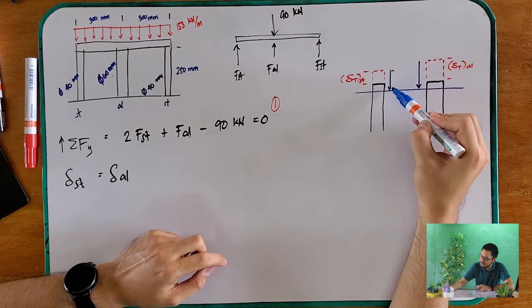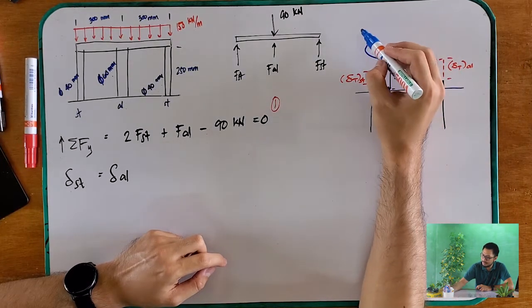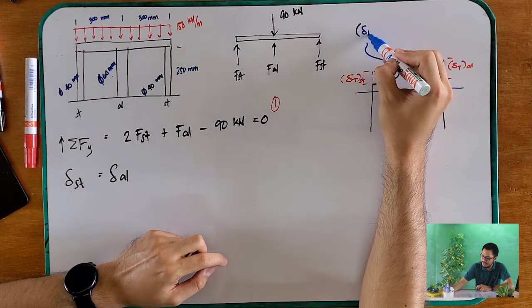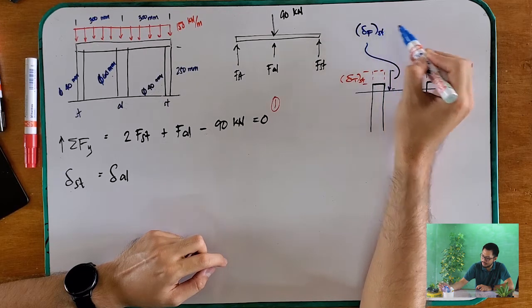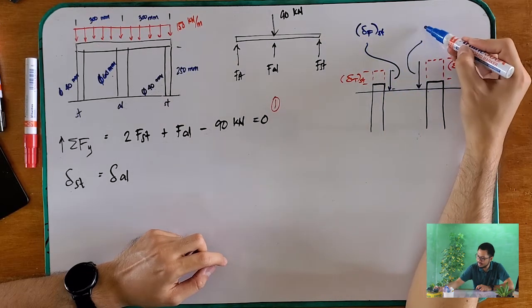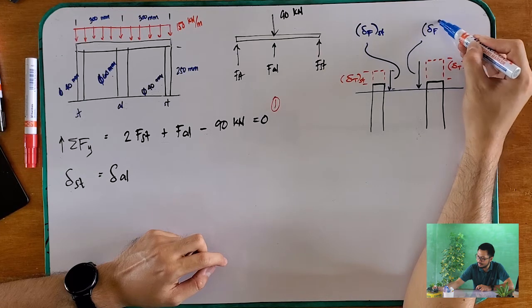And this change we call delta F of your steel, and this one is the delta F of your aluminum.